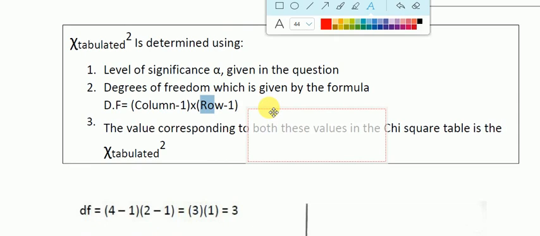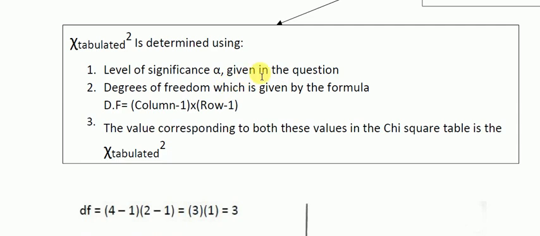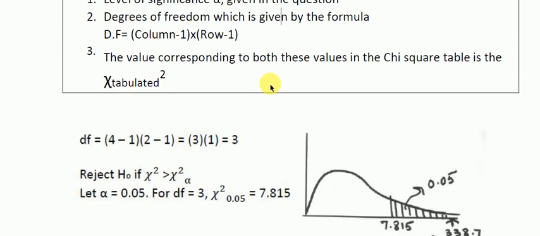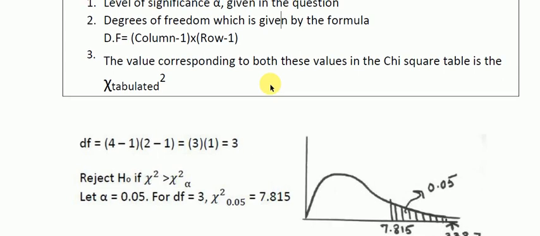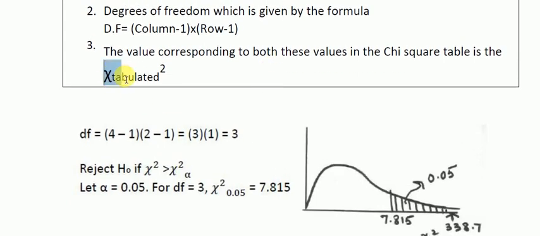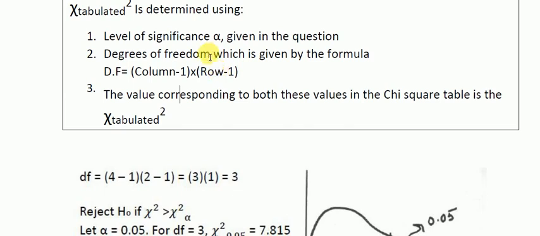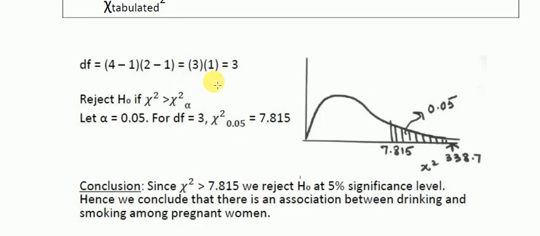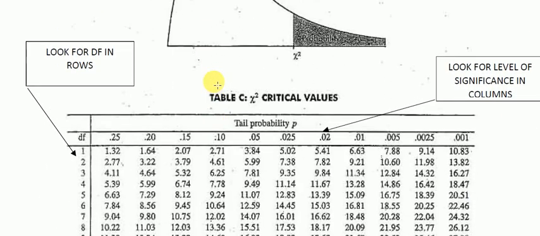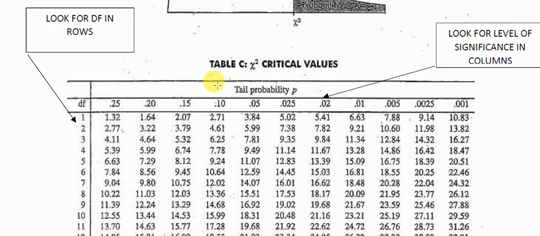Then we have the level of significance, which is equal to 0.05. So let's see how we calculate chi-square tabulated. Basically we'll have to use the chi-square table. What two values will we have to look up in the chi-square table? Level of significance, which over here is 0.05, and degrees of freedom, which over here is 3.